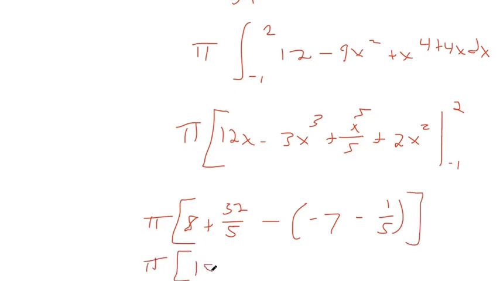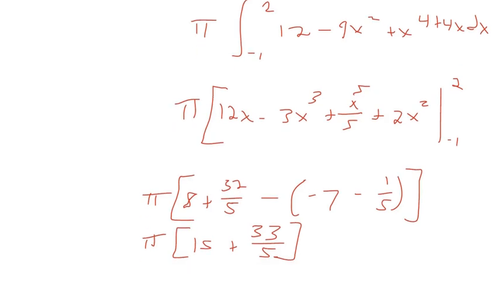So that's 15 minus a negative 1, so that's plus 33 over 5. So 15 times 5 plus that 33, so I'm going to get 108 over 5 pi.